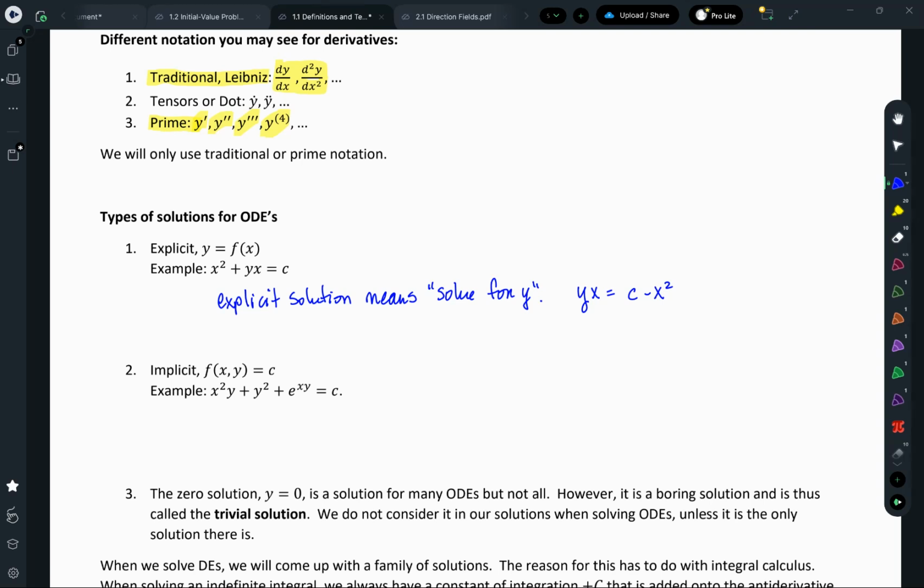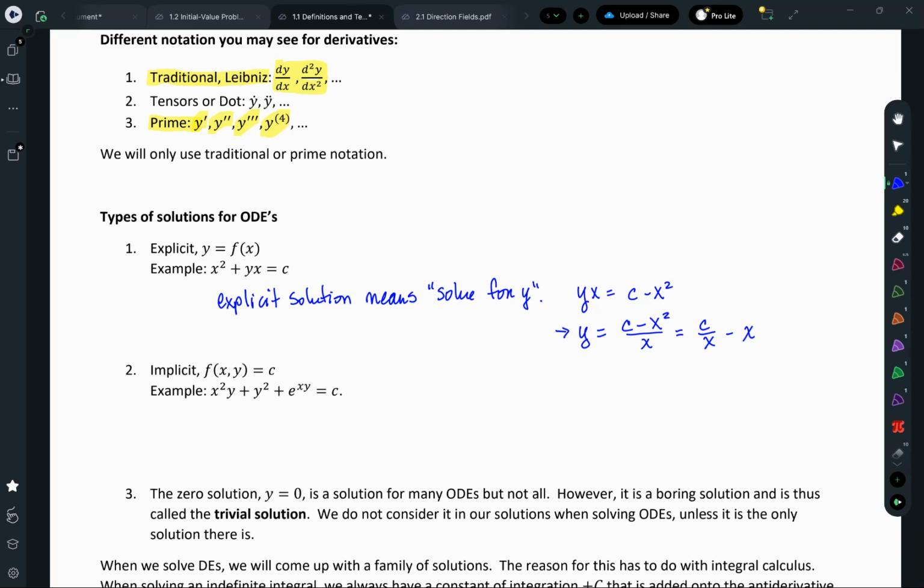And then we would divide both sides by the x and get y is equal to c minus x squared over x. We may even go further and rewrite it as c over x minus x. And now we have y is a function of x. And so that is an explicit solution.